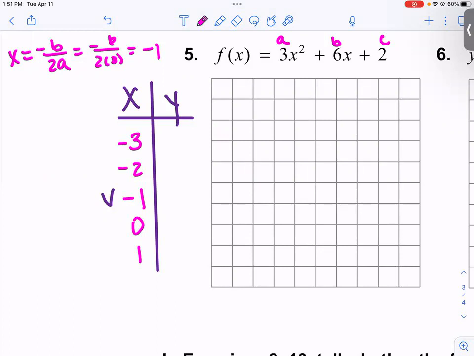Green table. What's the Y value when we plug in X as 1? 11. Red table, 0. Okay, these two groups, when we plug in -1.